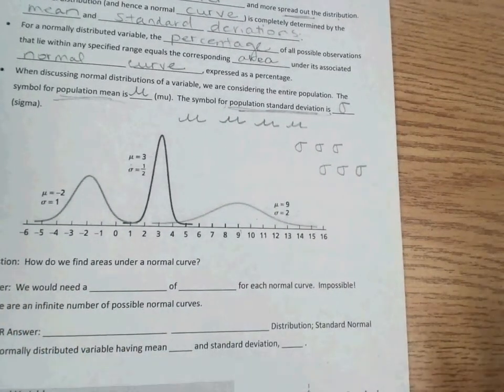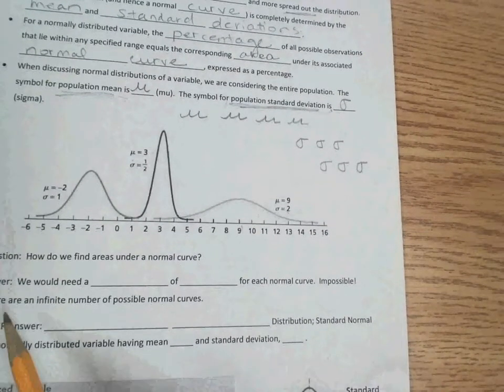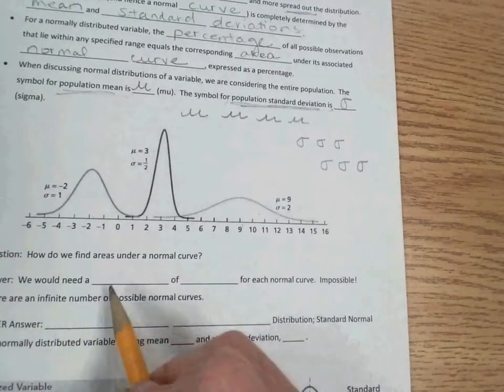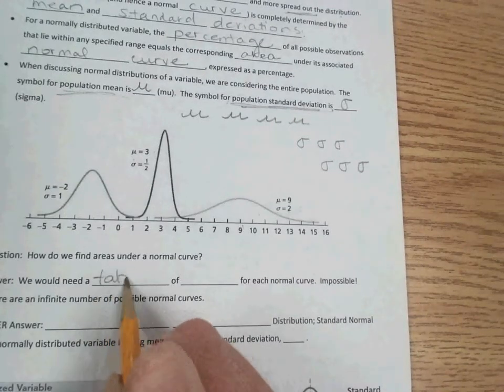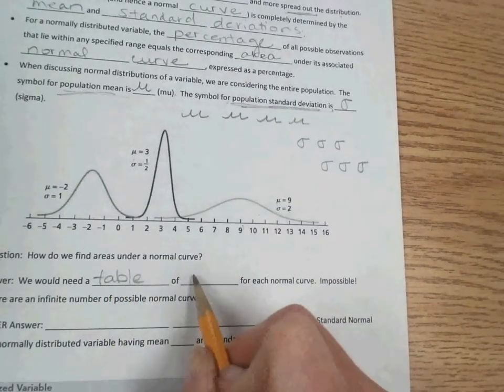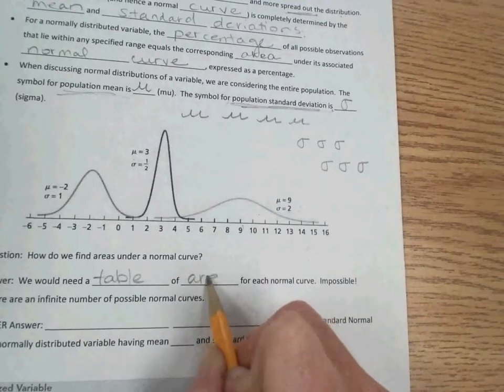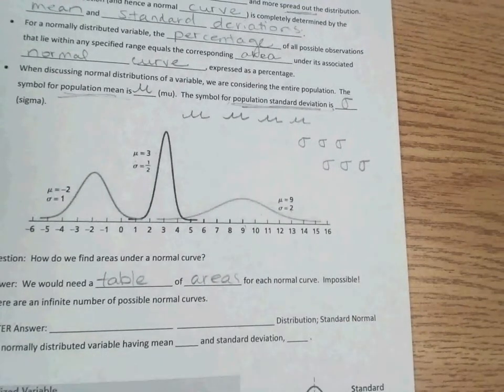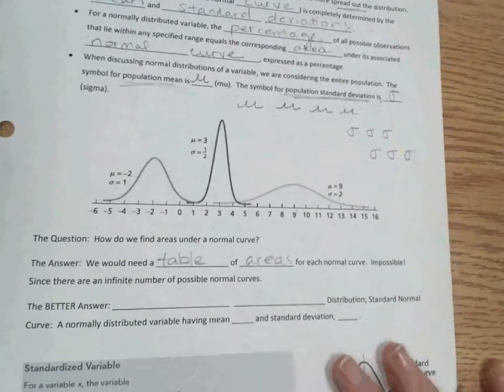So then here's the question. How do we find areas under a normal curve? The answer is we would need a table of areas for each normal curve.